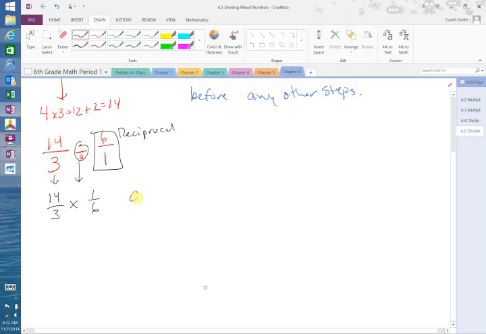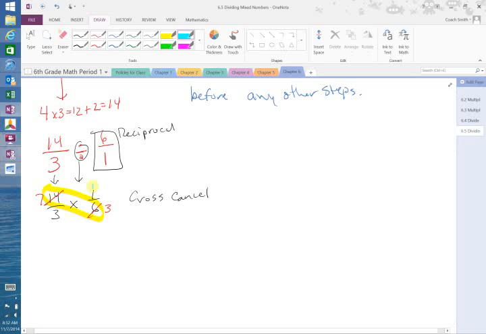Now we cross cancel. Is there a common factor between 14 and 6? Yes. What? 2. 2 goes into 6 3 times. 2 goes into 14 7 times.